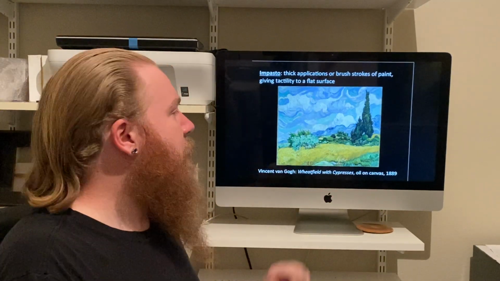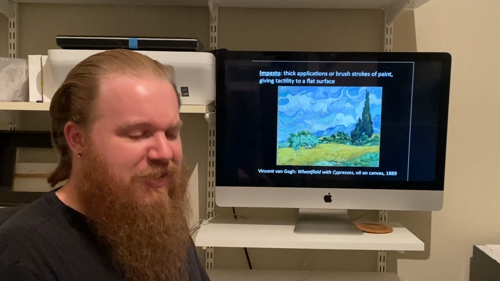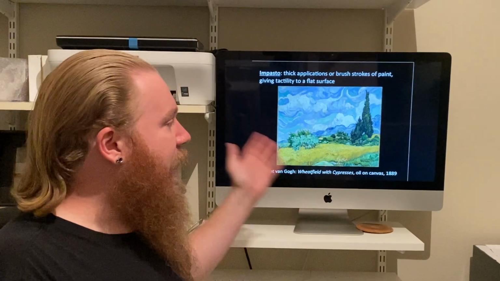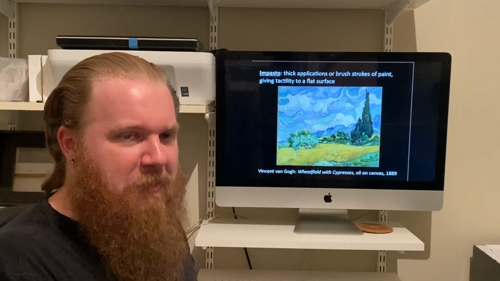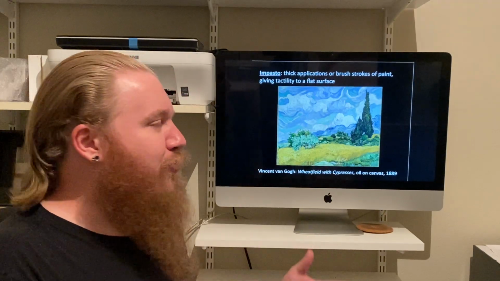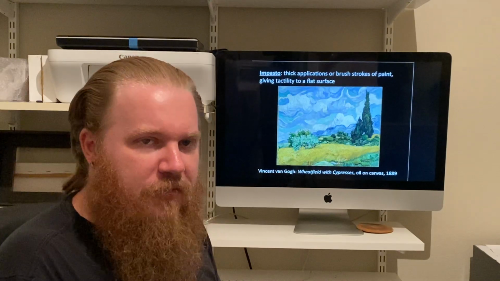But beginning in the 19th century, when artists really began to challenge how to actually paint and what is acceptable in painting, we start to see impasto become much more prevalent. The Impressionists are really masterful at the use of impasto.